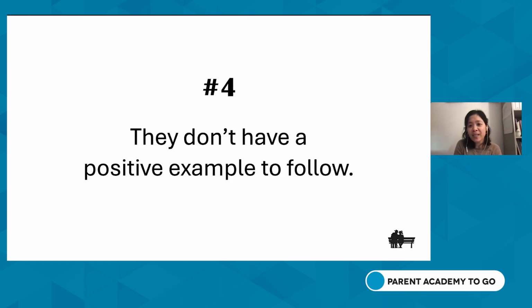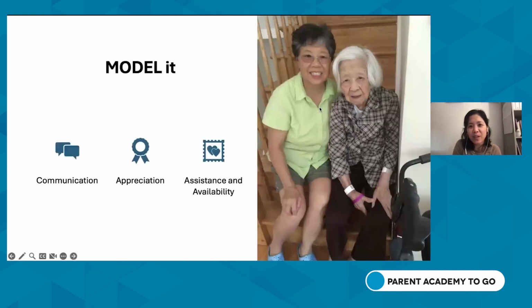But what my parents did is they were respectful, and they did not badmouth my grandparents. If they did, they didn't do it in front of me, but they set a very good example. This is a picture of my mom and my grandmother, and my mom is not the biological daughter, she's the daughter-in-law. But my mom really set a very good example.